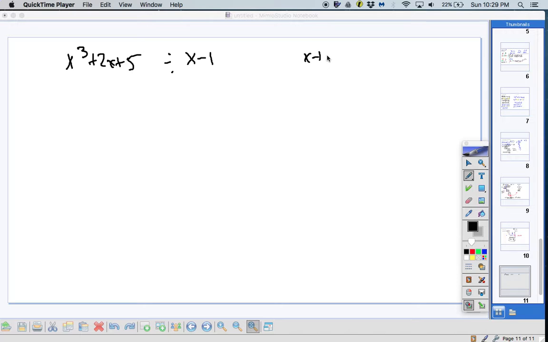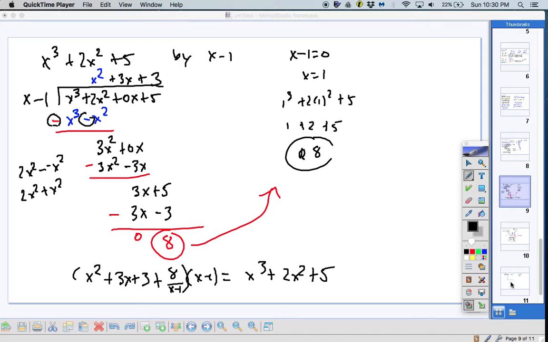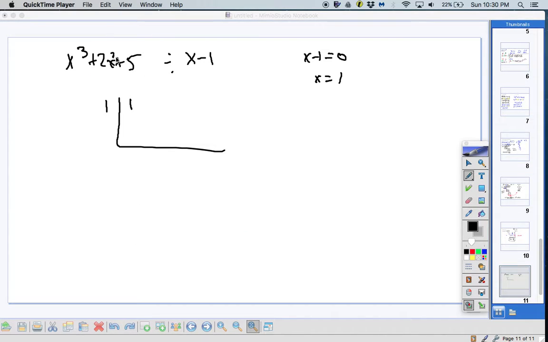So just like we did before, it's going to be 1 because you add 1 to both sides. So 1 goes on the outside. We write these numbers in here. So the coefficient on x to the third is 1. I'm missing the x squared, so let's put a 0 there. The x is there, so we're going to put the 2, and then we have a 5.